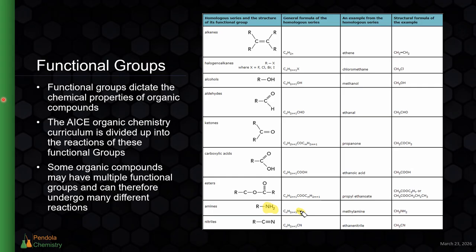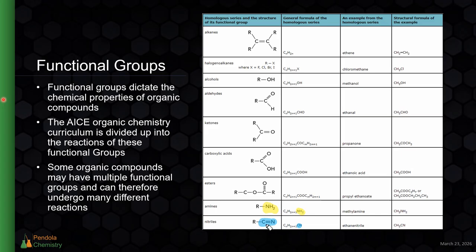And then finally, we have nitriles. Nitriles are very similar in that we exchange a hydrogen for something else, but instead of an NH2, in nitriles we have a C triple bond N. And that's usually shown in the skeletal formula as just CN. And in nitriles, we're again going to have that carbon chain, CnH2n+1, because we have replaced one of the hydrogens, but then we're going to have the CN instead.